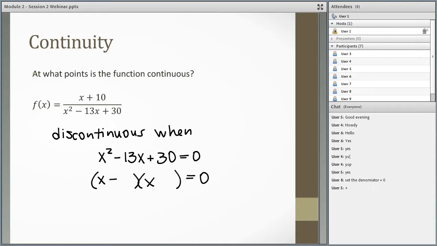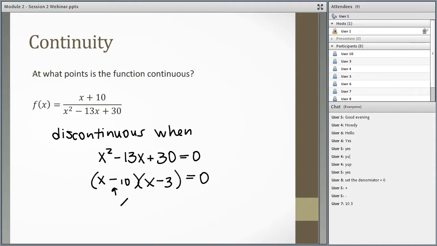So we have a positive 30, and we already have a negative, so a negative times a what would give us a positive? Good. And we need factors of 30 that will give us 13. So 10 and 3. Very good.